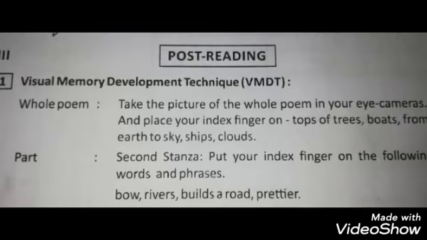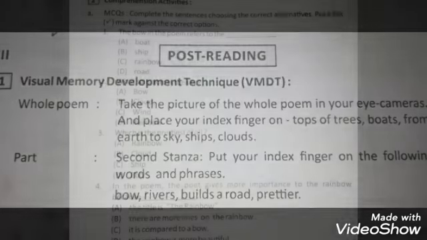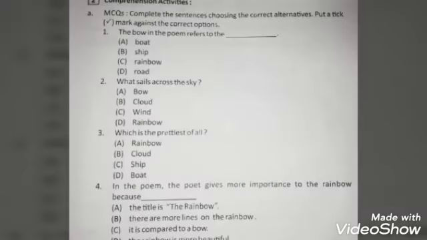Then come to comprehension activity number 2, MCQs. I have already told you about MCQs, multiple choice questions. In each and every question you can find 4 options, and from those 4 you can choose one suitable answer.